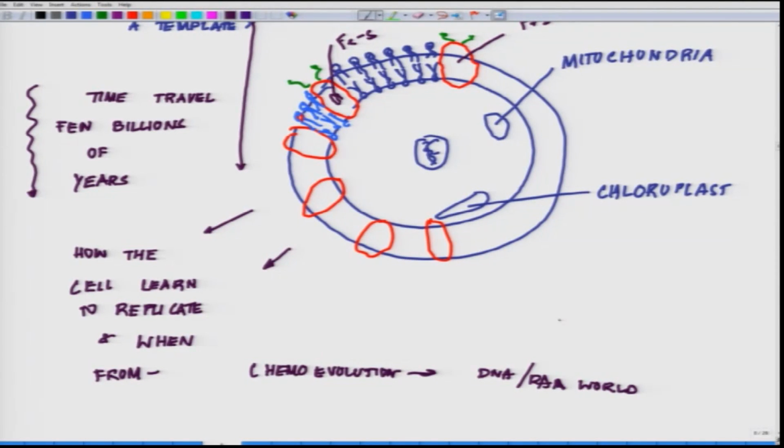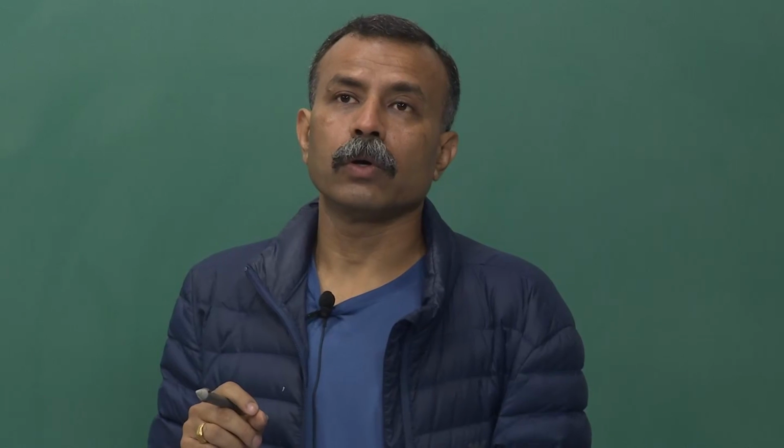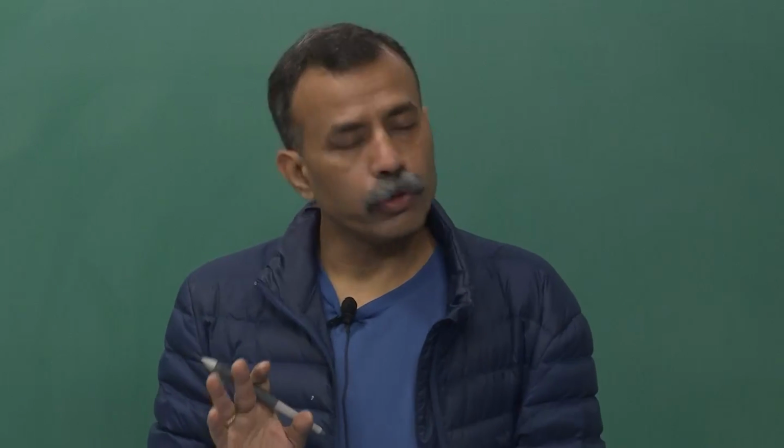We do not even know whether amino acids or proteins came earlier, or how they developed a relation between them. These are all untold, unexplored, unknown stories of nature. We know they are there. How they have evolved over billions of years, we do not know.